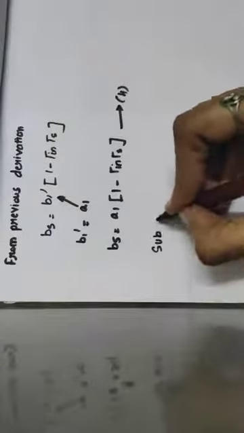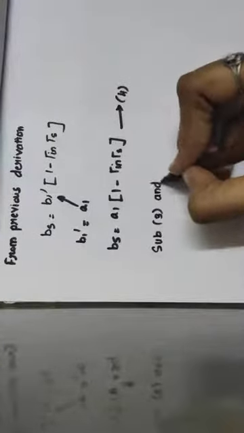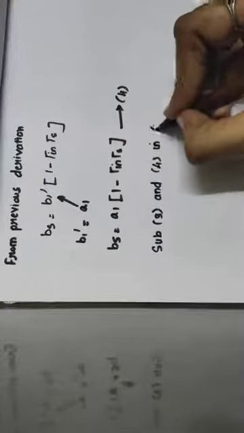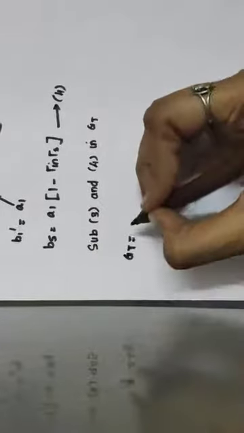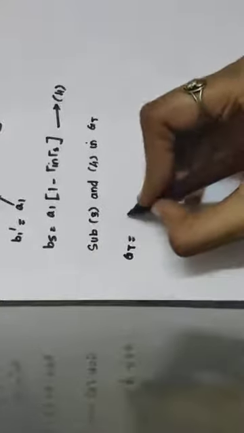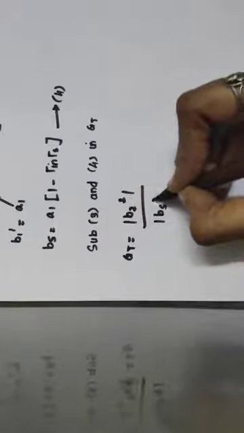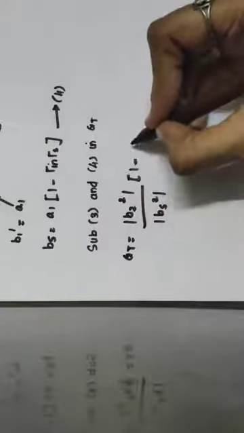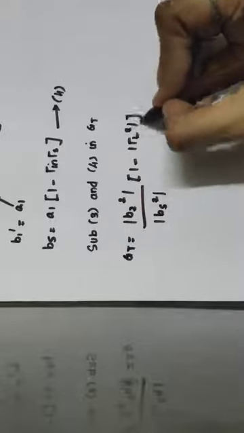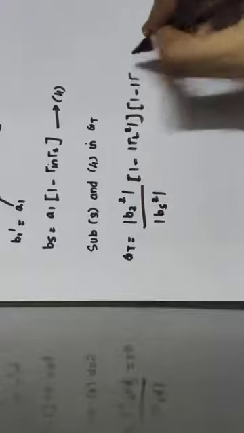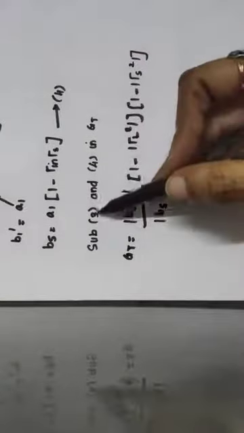So let us substitute equation 3 and equation 4 in the GT formula. So we get GT is equal to, we'll write the formula once again, |B2|² by |Bs|² into (1 minus |Γ_L|²) into (1 minus |Γ_S|²). We have found B2 in equation 3, Bs in equation 4. Let us substitute the parameters in this equation.